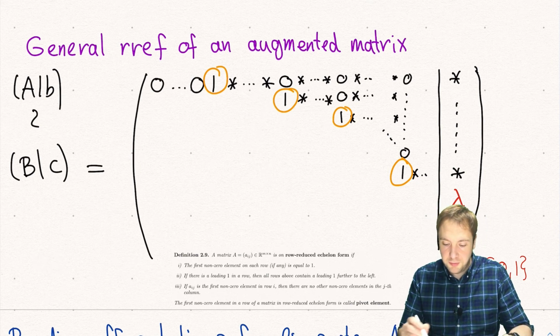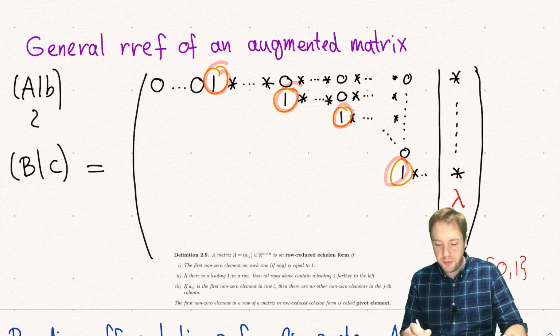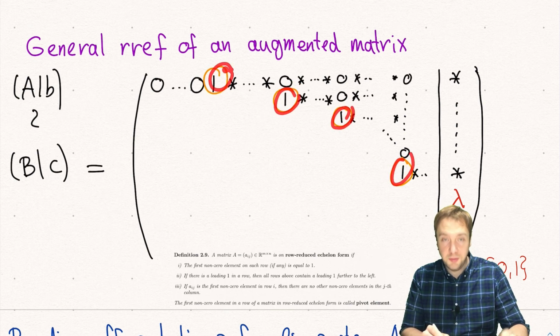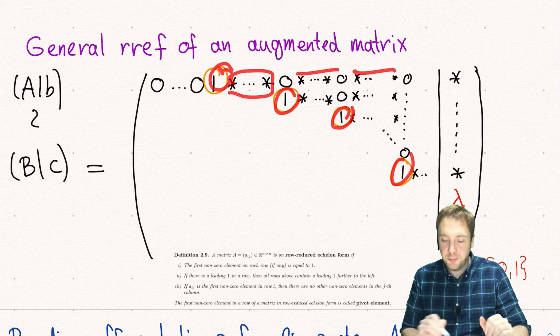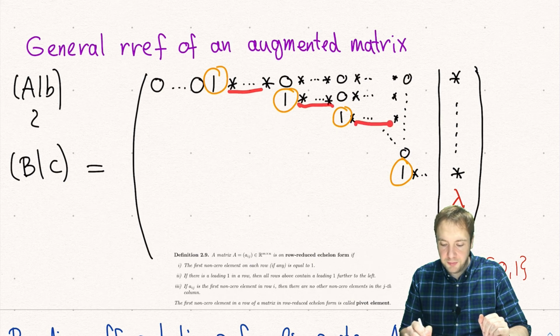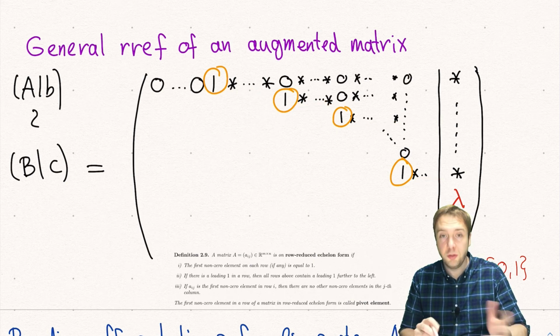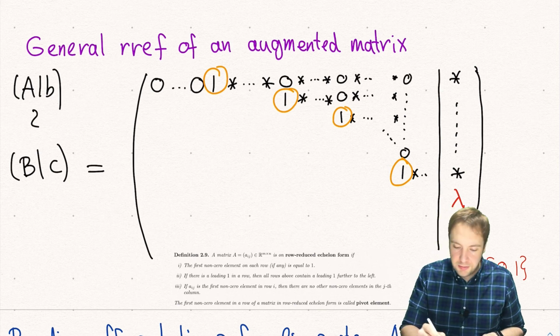First of all, there are solutions, because these pivot elements correspond to the pivot variables we had before, and the places in between correspond to the free variables. If there are some free variables, then we saw that we always have infinitely many solutions because we can choose them freely.